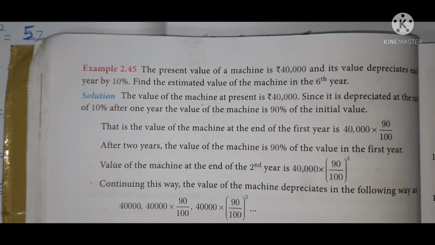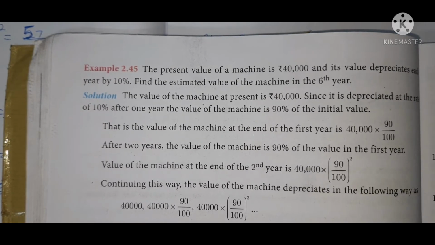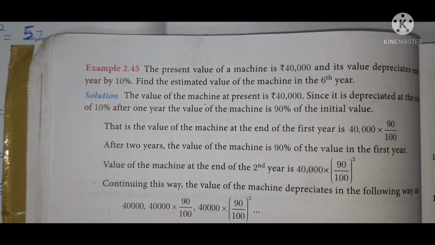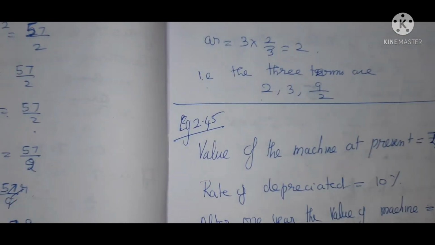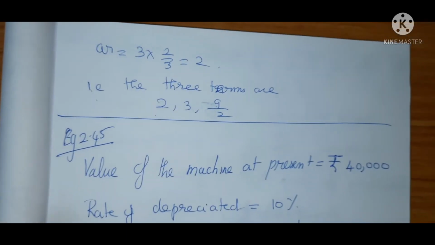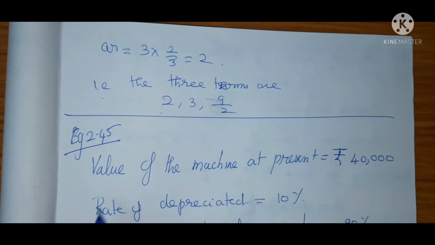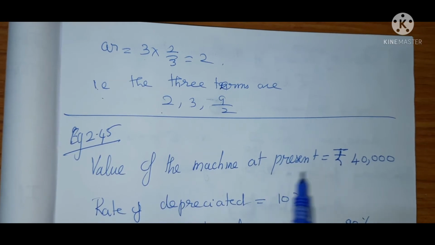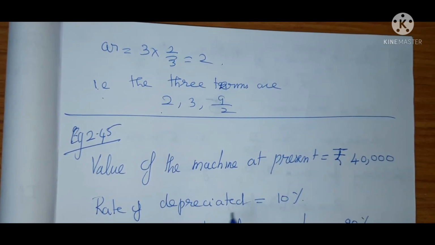To estimate the value of the machine in the 6th year, the value of the machine at present is rupees 40,000. Rate of depreciation is 10%.